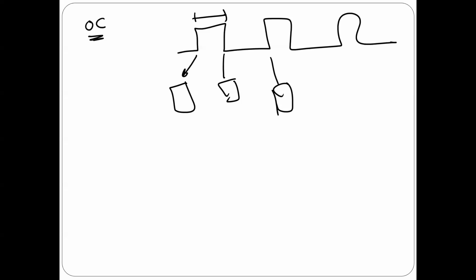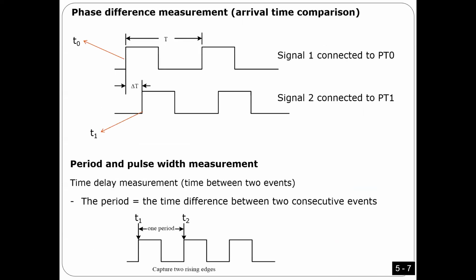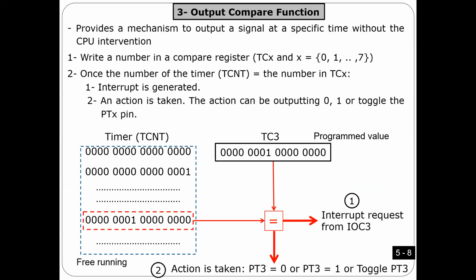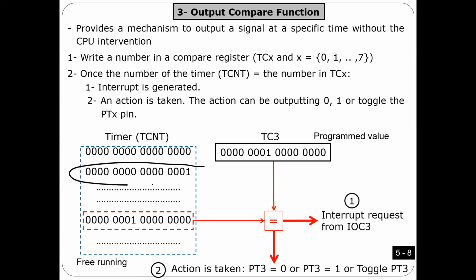I have a very good slide to explain how output compare works. If you look at this slide, in output compare, number 1, I have to see the current count.